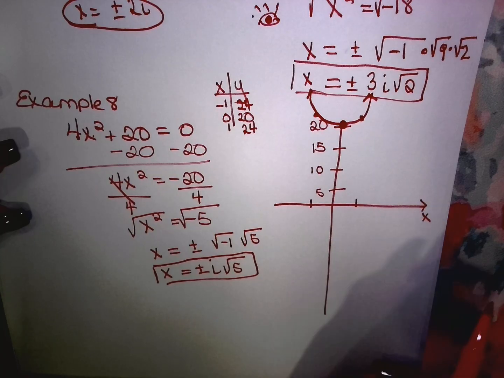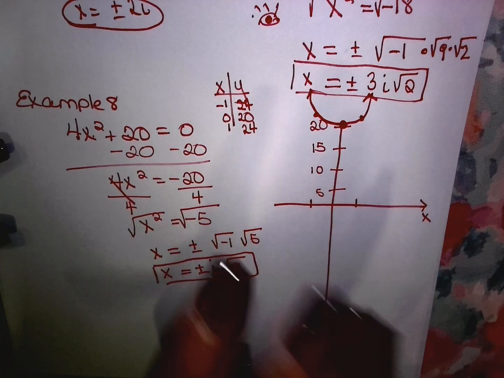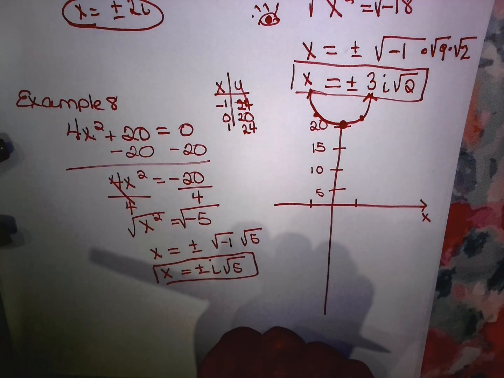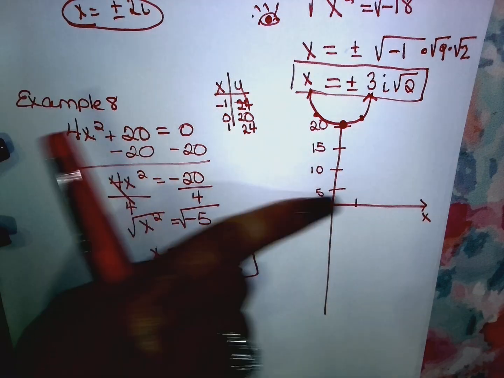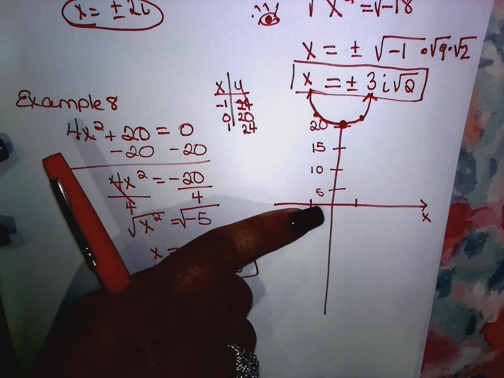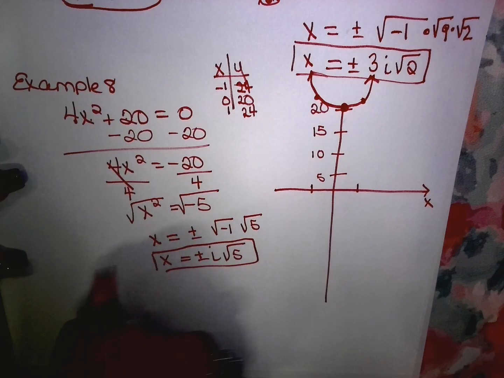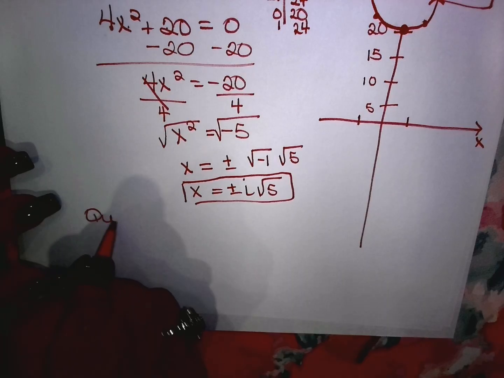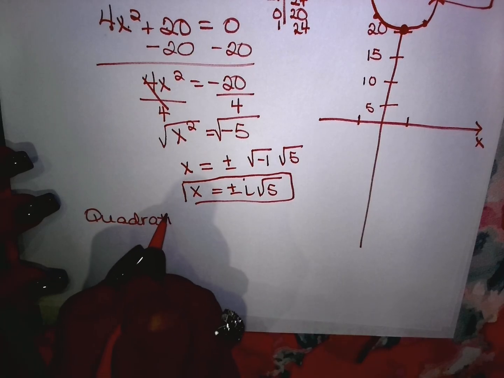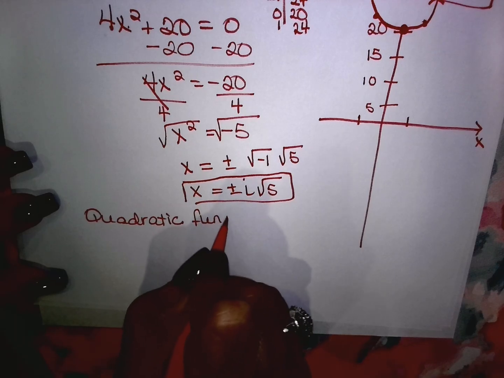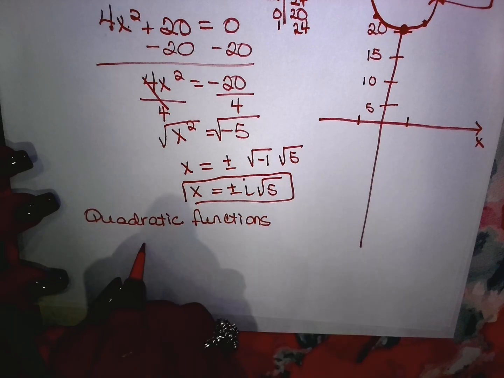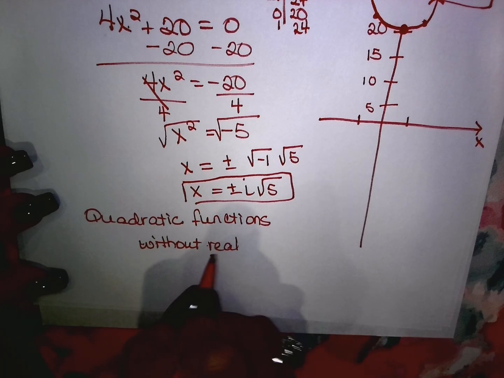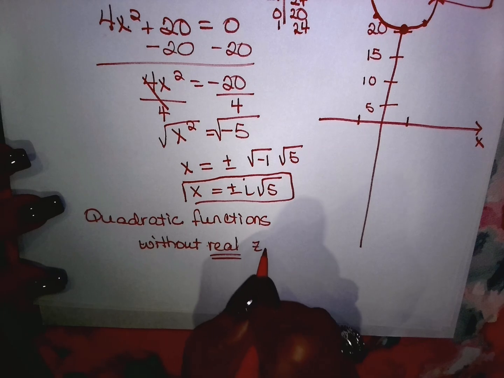And the question is the following. Does this thing have any x-intercepts? Well, no. It's opening up. It's never going to cross the x-axis. So we can say that quadratic functions without real zeros do not cross the x-axis.